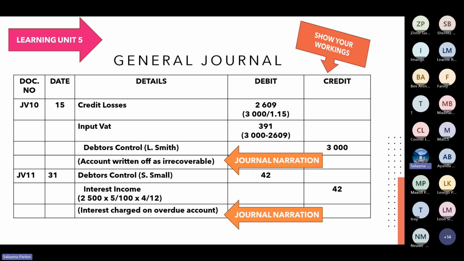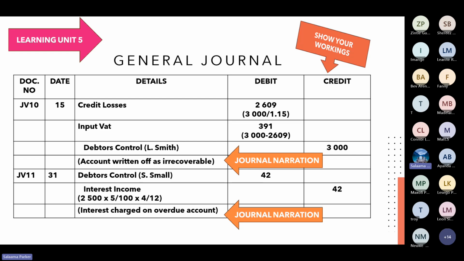Always remember it's the inclusive VAT amount, because this is the amount that goes to the general ledger also. So you need to know that into your debtors control and your creditors control in your general ledger, it's only the inclusive amounts that you are recording.